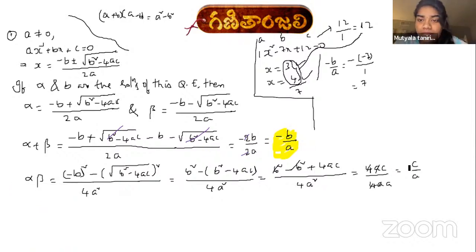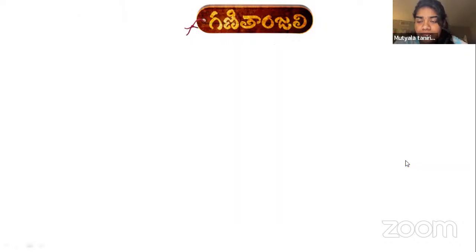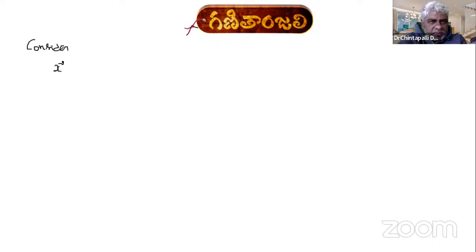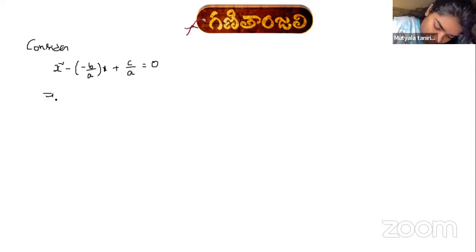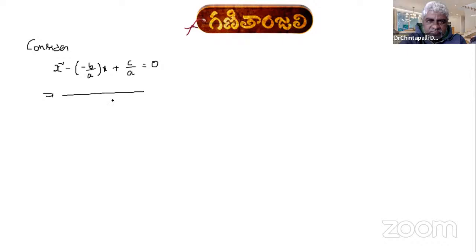Now, let us do one experiment. Consider x square minus, negative b by a, x plus c by a. Let us see what happens now. What is the LCM? a.